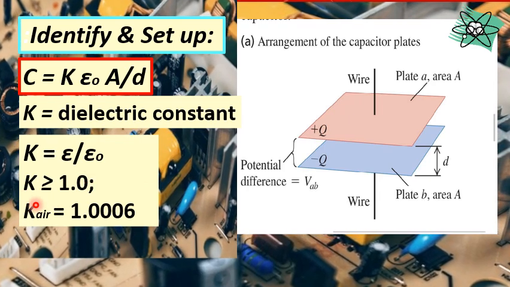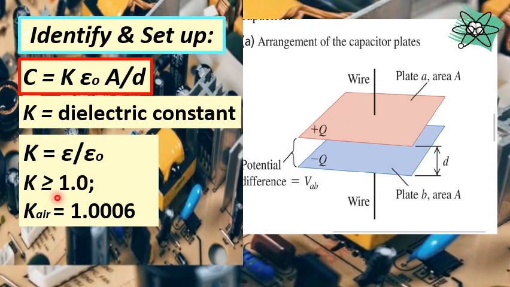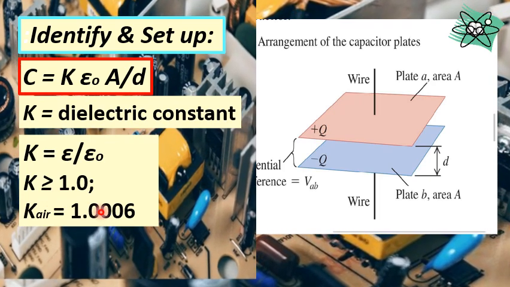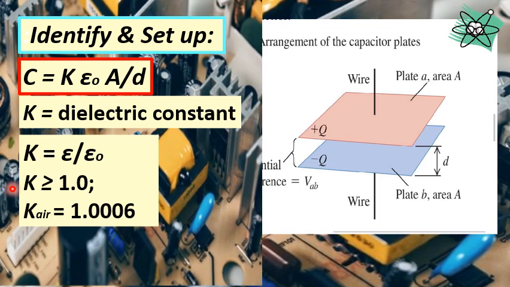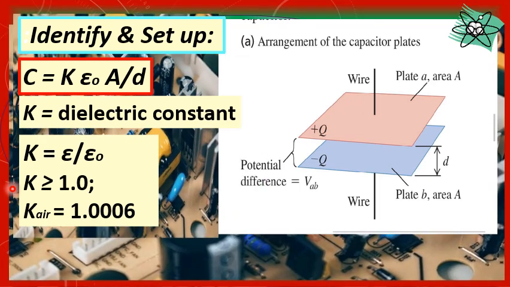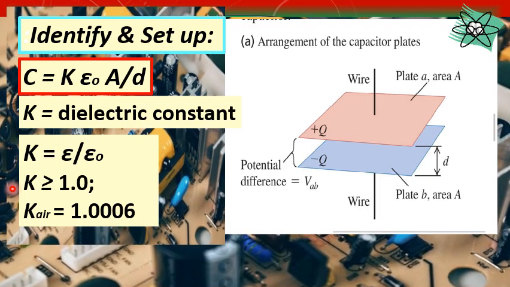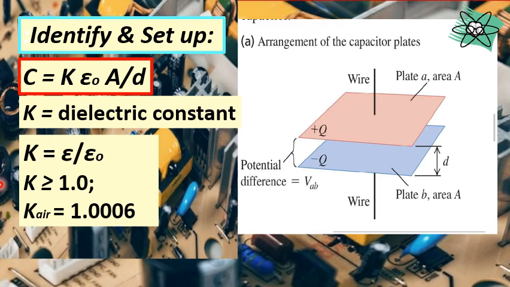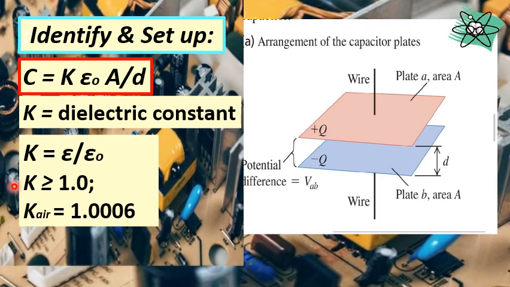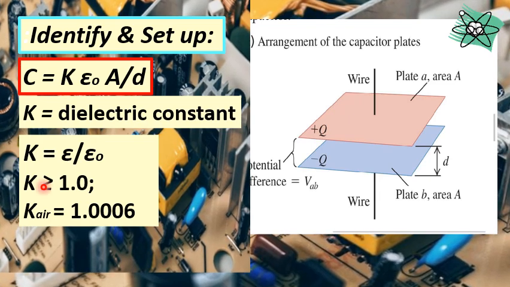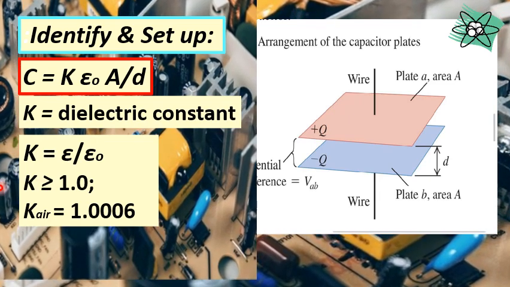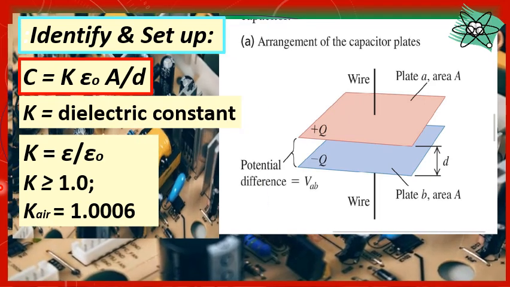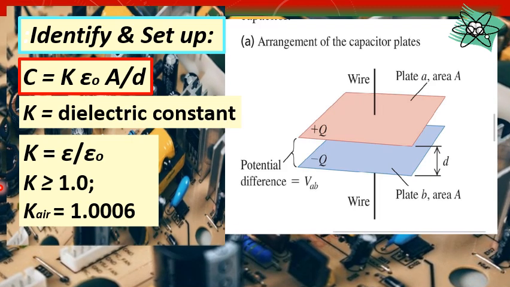In short, if the charged plates are in a vacuum, we just use kappa equals 1.0. Actually, the value of kappa for the material air is equal to 1.0006. So that is almost the same as the value of kappa in a vacuum.